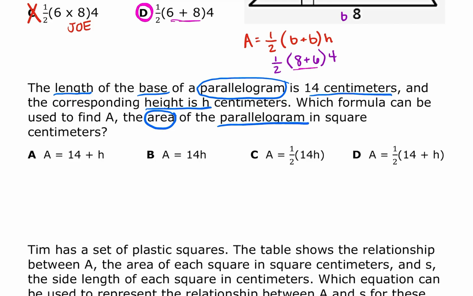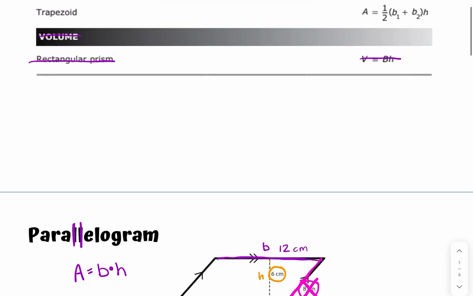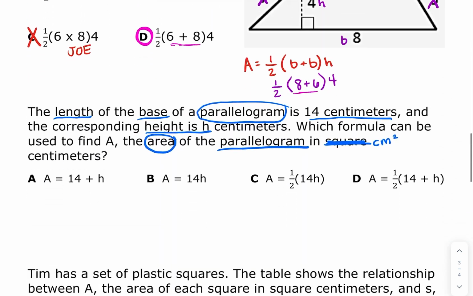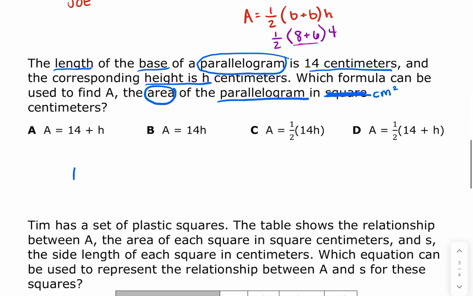Square centimeters is centimeters squared, like that. That does not mean it's a square. It is a parallelogram. So write the formula. Go back to the front. Parallelogram. Okay, parallelogram is A equals base times height. So A equals base times height.